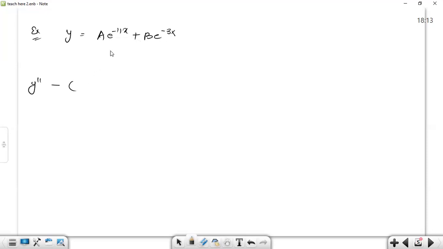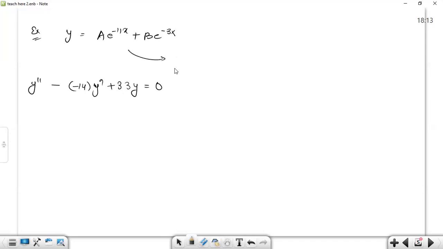Minus 11 and minus 3. So minus of minus 11 plus minus 3, that is minus 14, into y dash, plus mn, that is minus 11 into minus 3, which makes plus 33, into y should be equals to 0. So this should be the case.